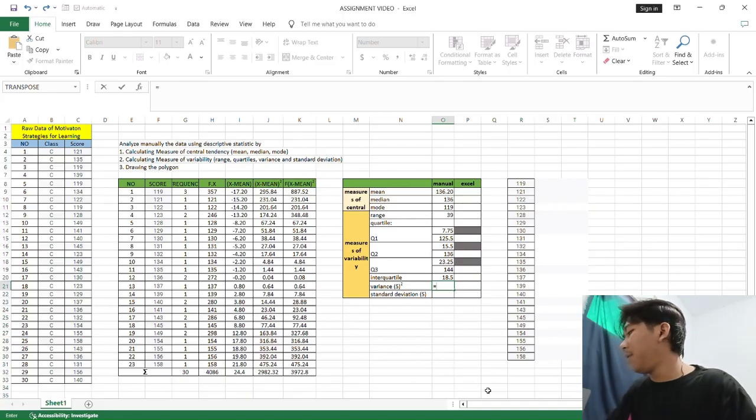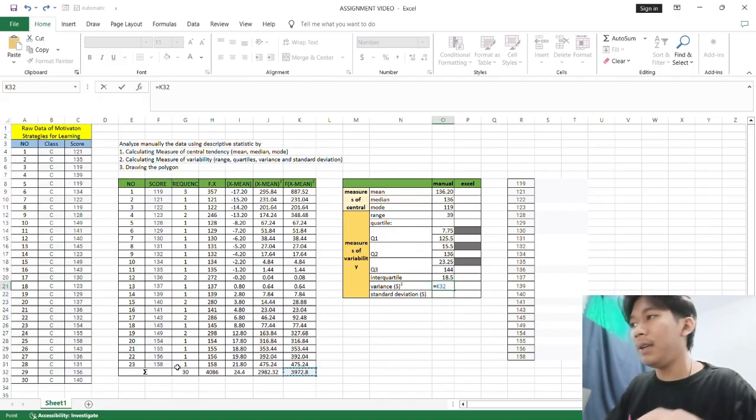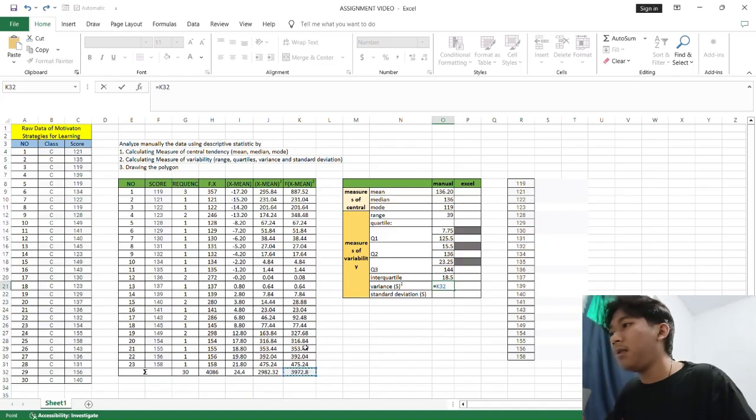To look for the variance, we simply put the total of the frequency times x minus the mean squared, and then divided by the total of our data, which is 30 minus 1.